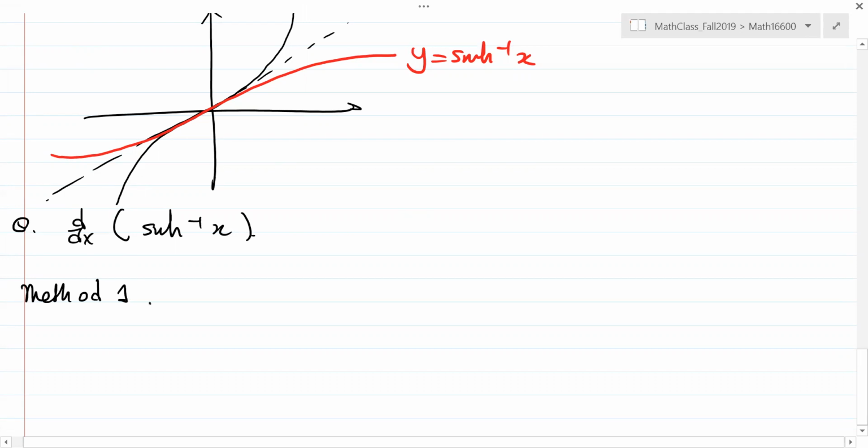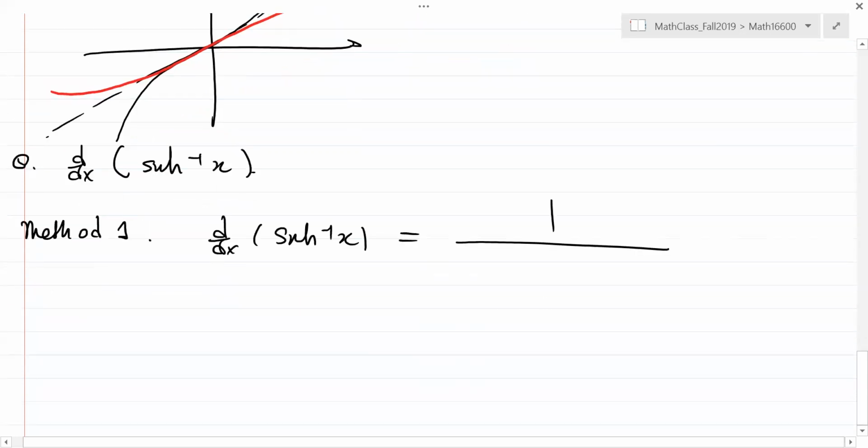The first one uses the derivative formula, which is the derivative of hyperbolic sine x, right? That's the formula.